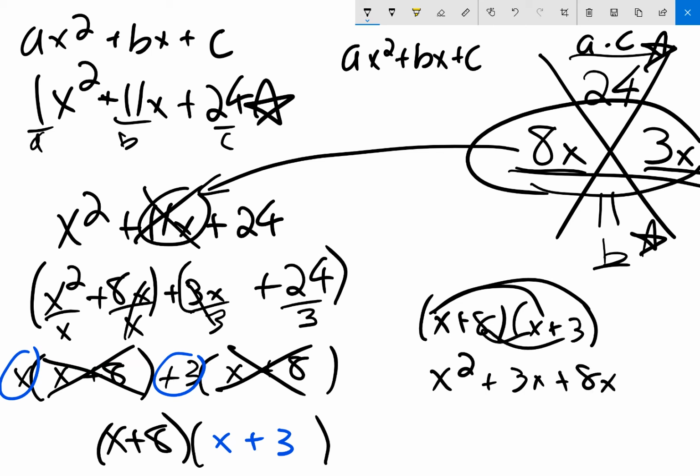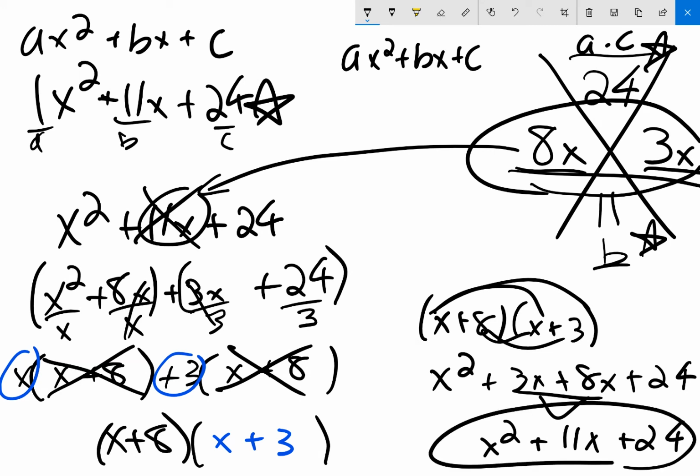And 8 times 3 makes 24. And then when you combine these terms in the middle, you have x squared plus 11x plus 24. So factoring is always the opposite of the distributing, the FOILing, the multiplying. Factoring always undoes those things. So that is your product and sum method.